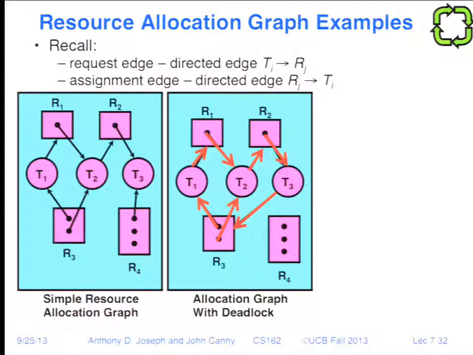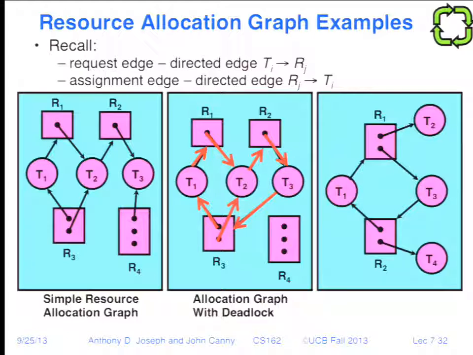Go ahead. I was going to say no, because there are 2 instances of R3, so it's not really a deadlock cycle. Right. Potentially, yeah, there are 2 instances of R3. It's somewhat complicated, but it's not a clear deadlock. Depending on the order in which things happen, if T2 or T1 is able to execute, it basically clears the cycle and this process can continue.